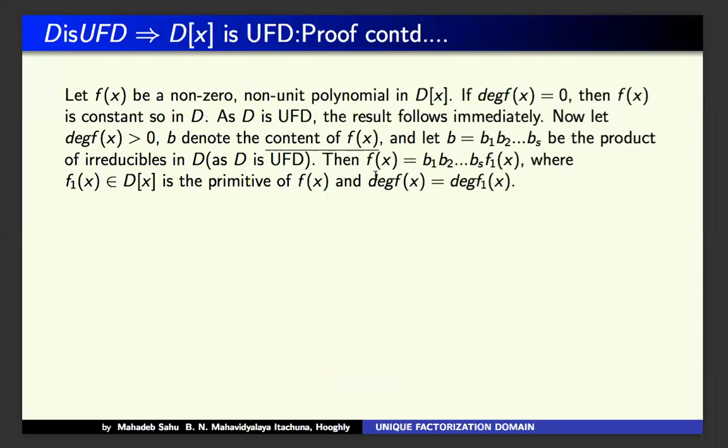Then f(x) can be written as b1 b2 ... bs f1(x), where f1(x) belongs to D[x] and is the primitive part of f(x). Note it: every polynomial can be written as an element of D times a primitive polynomial of D[x].